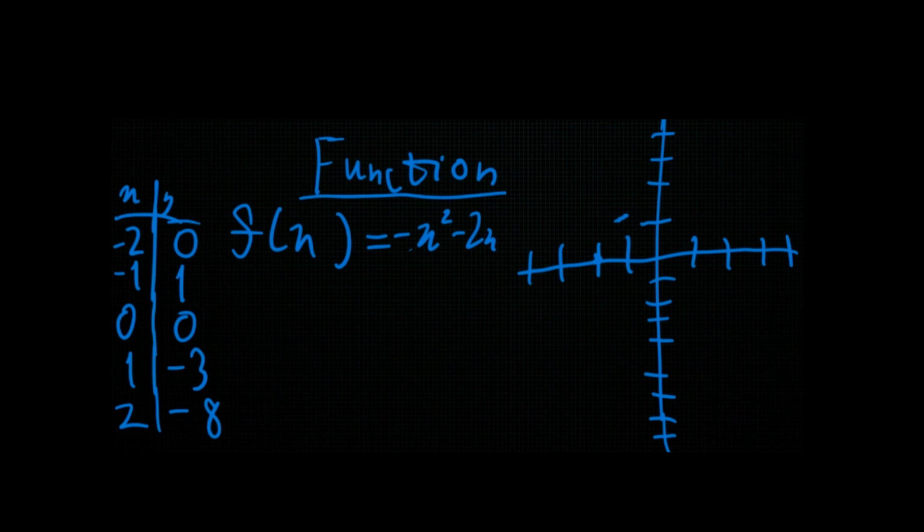And then 0 will be over here at the origin, where both x and y are 0. And then 1 will be at negative 3, so 1, 2, 3 over here. And then 2 will be negative 8, so 1, 2, 3, 4, 5, 6, 7, 8 over here. So it will follow this way.